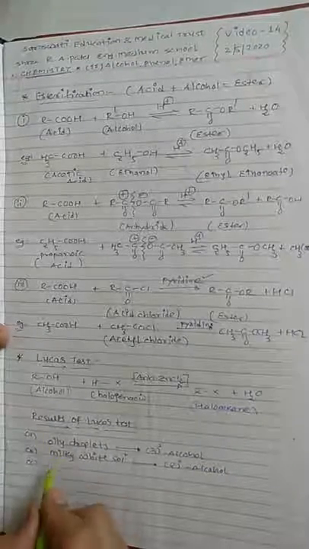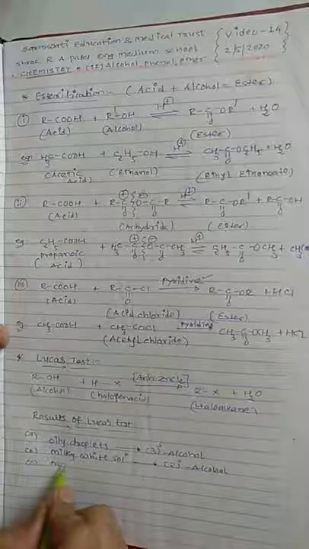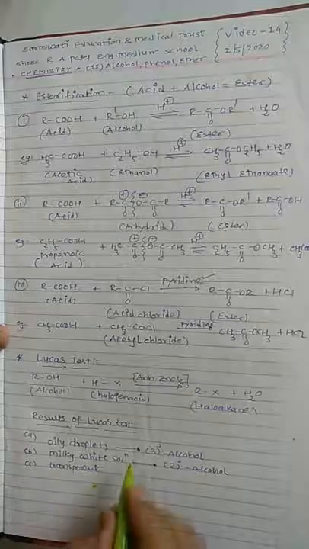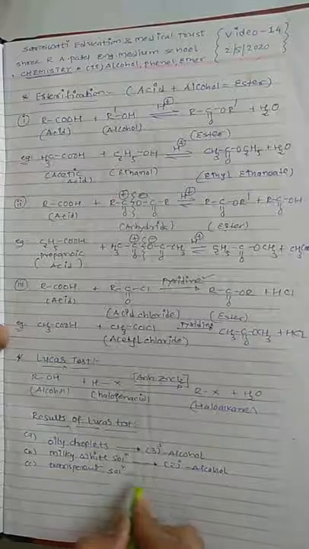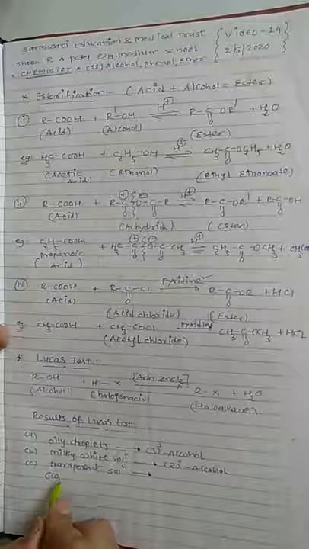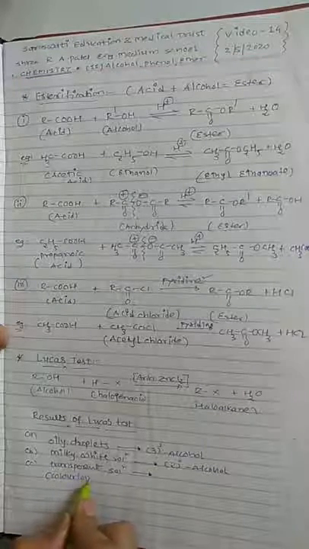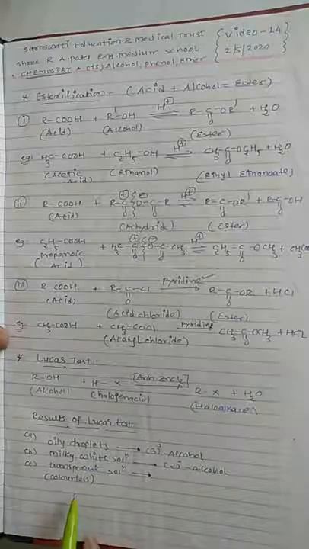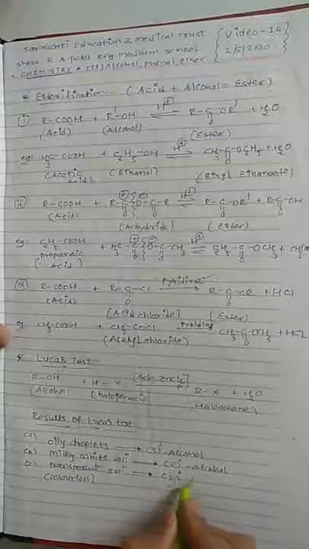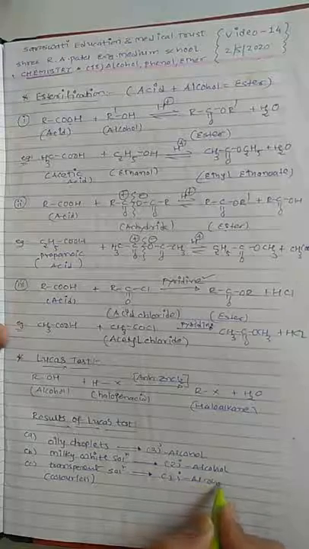But if you get a transparent solution, transparent in the sense of colorless, then your alcohol must be primary type.